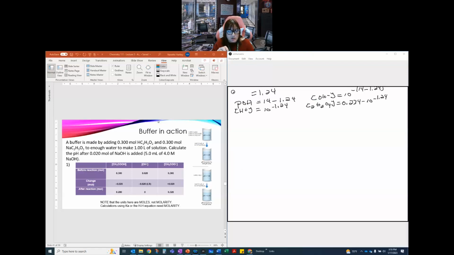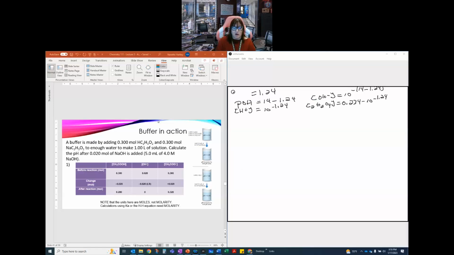And then I have a number of moles of CH3COO minus, which is 0.300. My change is going to be getting rid of that limiting reagent, so the OH minus. So that's going to go to 0. When it does, that concentration of OH minus is going to decrease the concentration of CH3COOH.